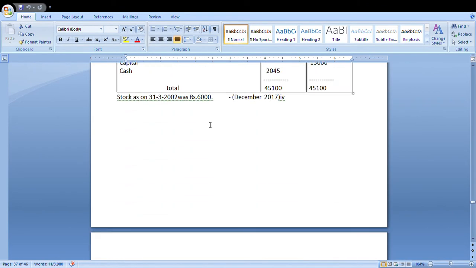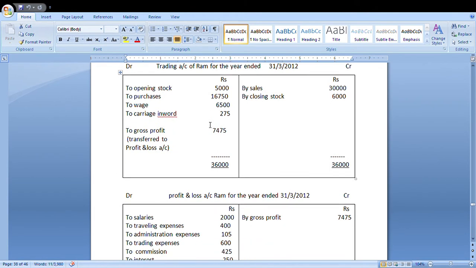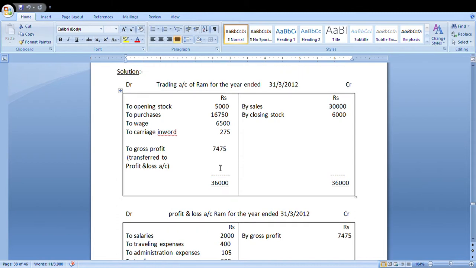Next, in the trading account, calculate the gross profit. First, add all the credit side items; this total is 36,000. From this amount, deduct all the expenditures on the debit side.